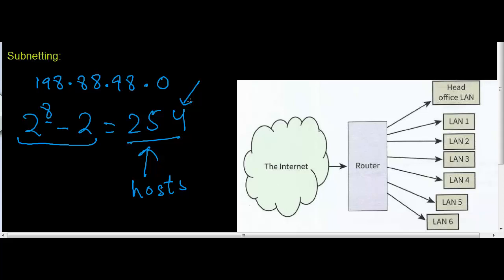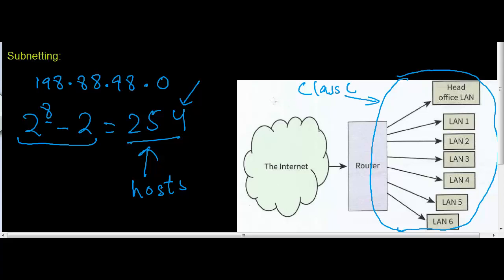So this entire network on the right hand side will have a single class C network address, given by 198.88.98.0.